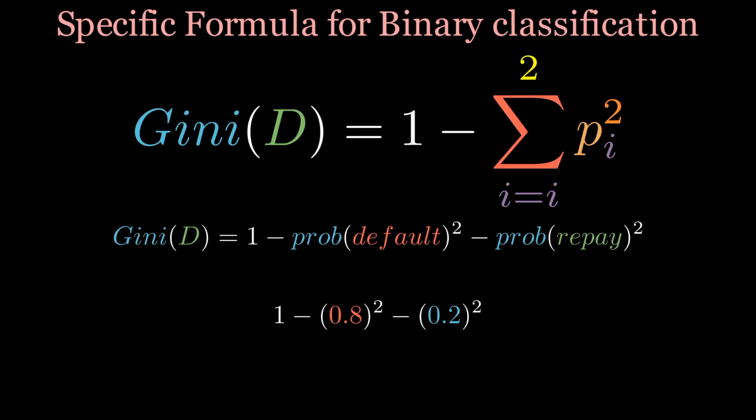If we plug these values into our Gini impurity equation, we can see that the Gini impurity of the root node is 0.32. This root node is impure as it has both repayers and defaulters in it. By looking at the equation, you can see that you get an impurity of 0 only when the population just contains one class. That is to say, a pure node.